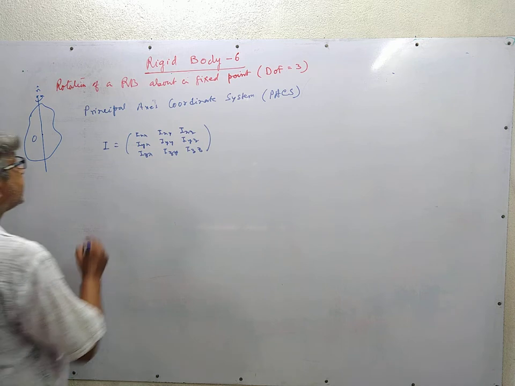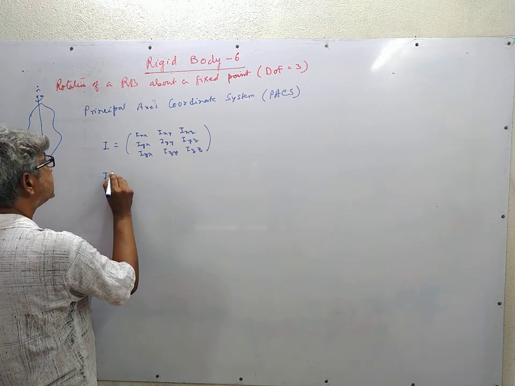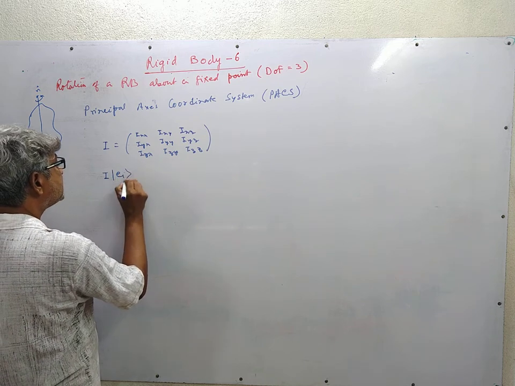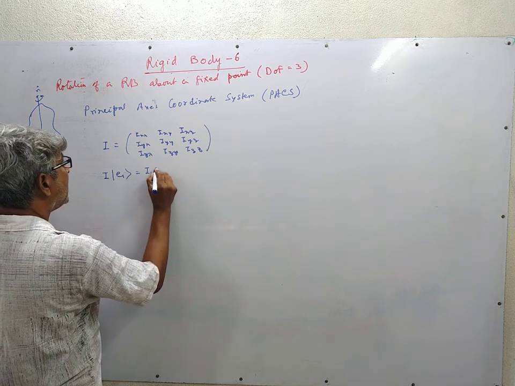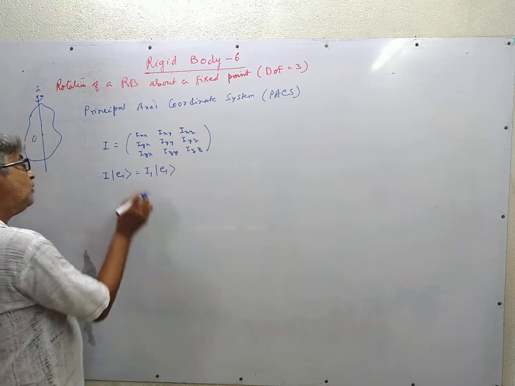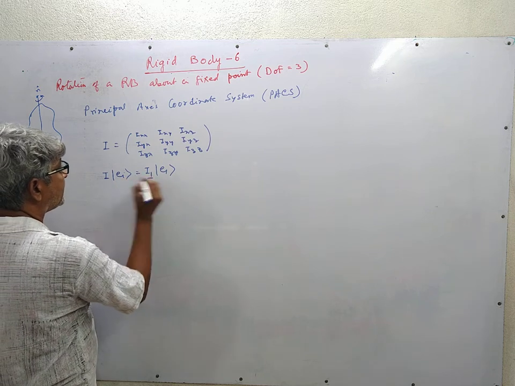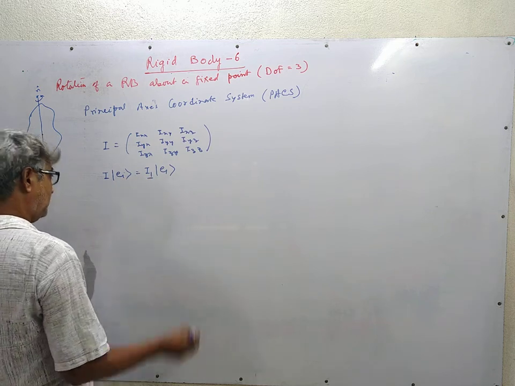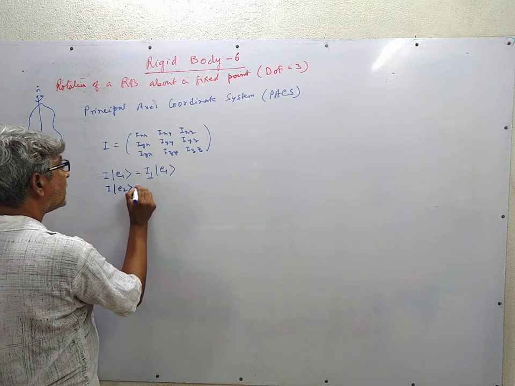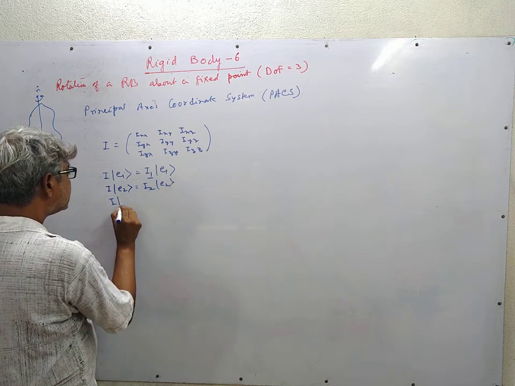So we write I times E1 is equal to I1 E1, where E1 is the first eigenvector having eigenvalue I1, and similarly for I2 and I3.